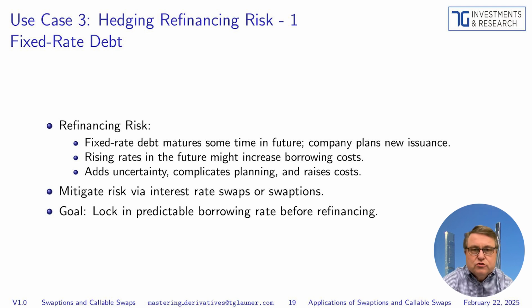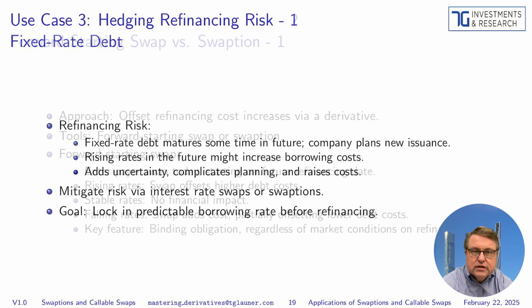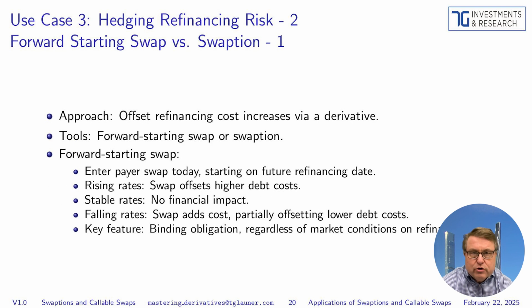To mitigate this risk, companies can use interest rate swaps or swaptions to secure a predictable borrowing rate well ahead of refinancing. The two primary tools for this strategy are forward-starting swaps and swaptions. A forward-starting swap allows a company to enter into a payer swap today, but it only takes effect on a future refinancing date.